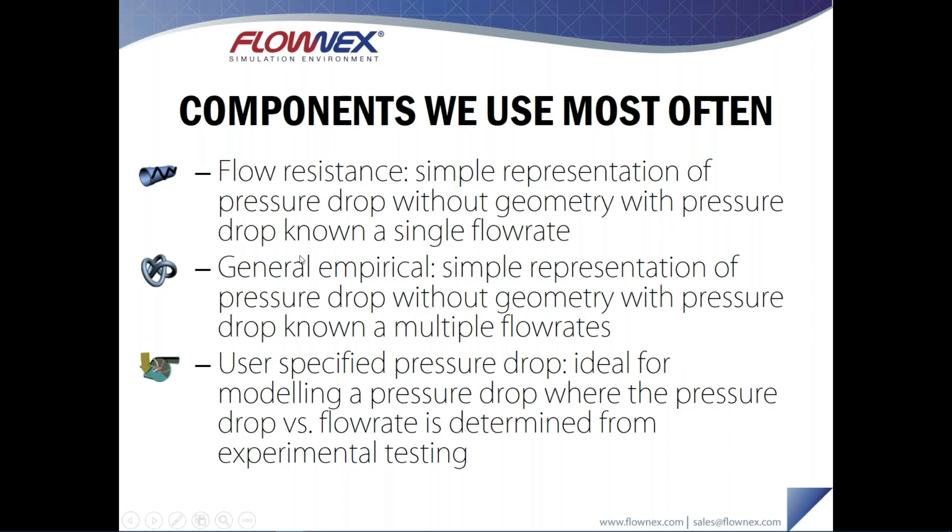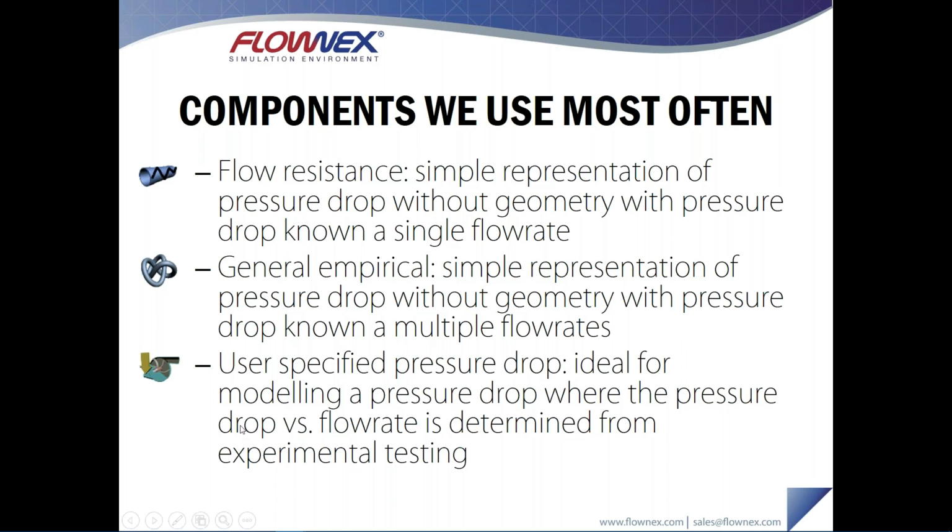The formulation for this pressure drop you can find in the user manual, and you can basically just in a simple Excel spreadsheet calculate what the coefficients and exponents need to be to match your experimental data as close as possible. You basically do a least squares regression through your experimental data, and you can get the ideal values for CK, alpha, and beta.